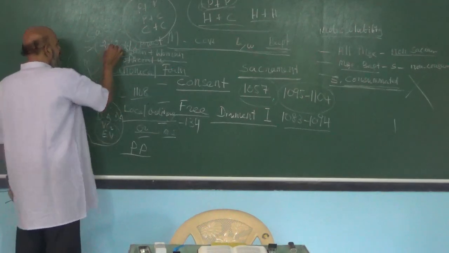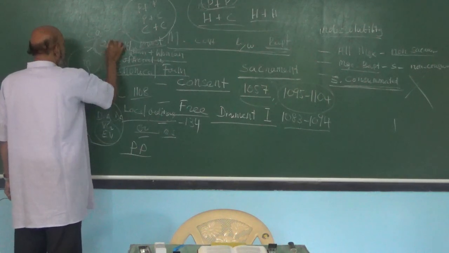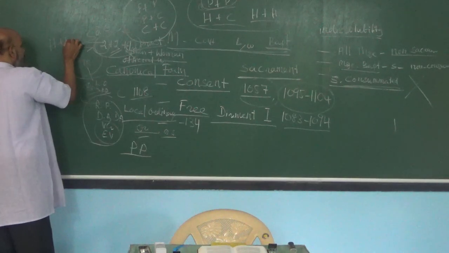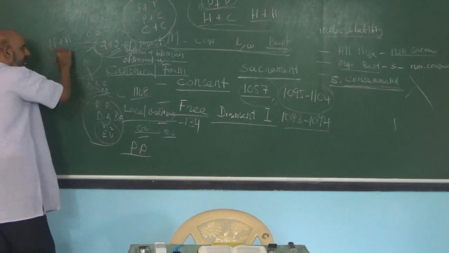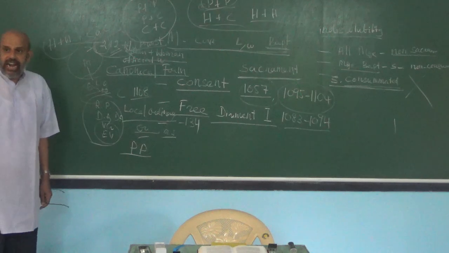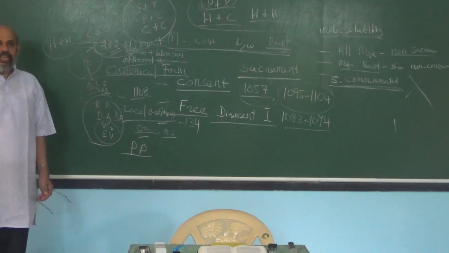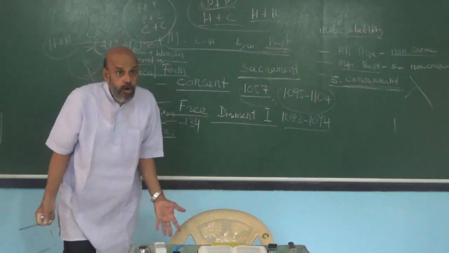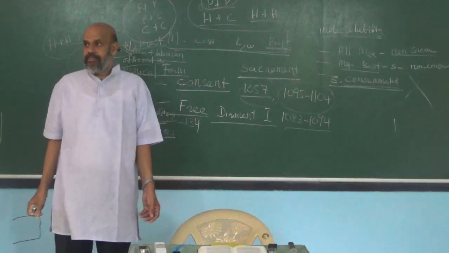The Latin understanding is that the ministers are the parties themselves, husband and wife. They administer the sacrament to each other. The Latin church understands that the ministers in the sacrament of marriage are the spouses themselves.